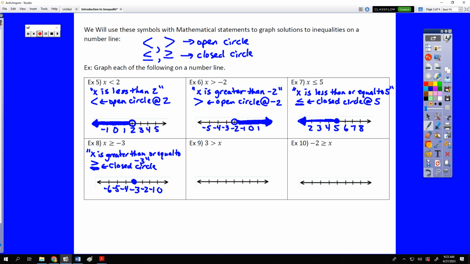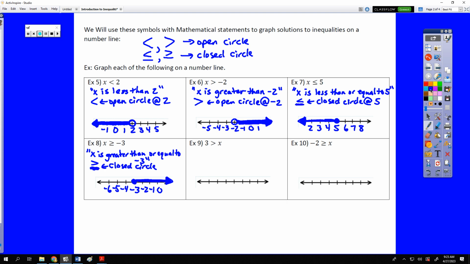Okay, this line right here, the or equal to, that tells us it's closed. Then the symbol itself is pointing to the right. So we should shade to the right. Okay? If we look at that symbol, it is pointing the direction that we're supposed to shade. It's pointing to the right. Now, that is where we run into the trick question.